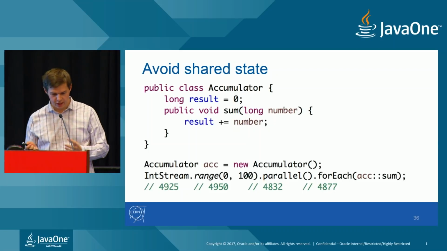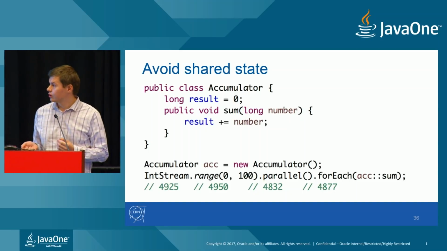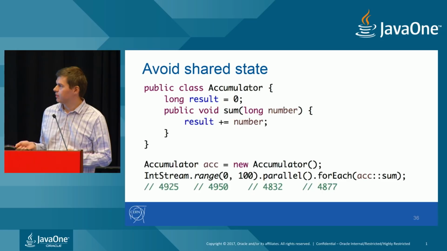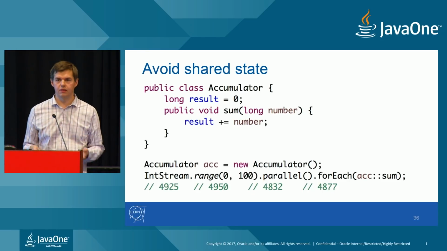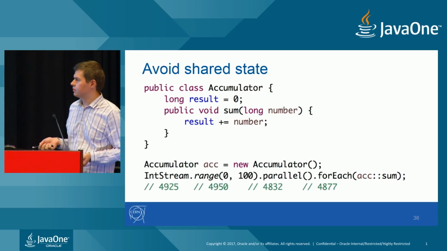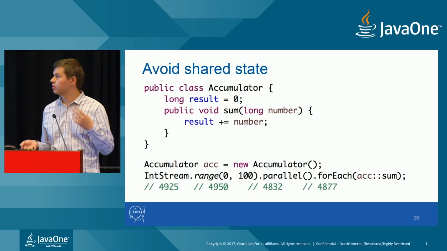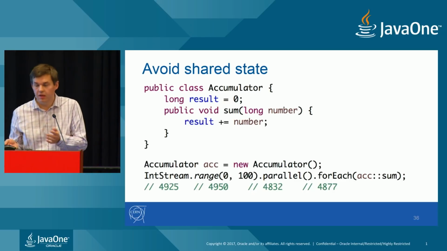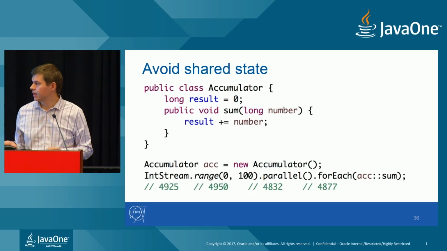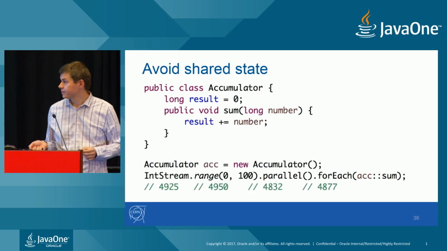Yeah, avoiding shared state. Think about an example. Imagine we have an accumulator class. All it does is have this sum method that you keep invoking, and it simply increases the result.